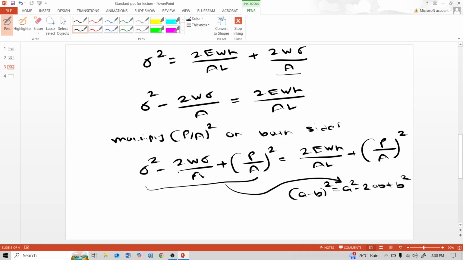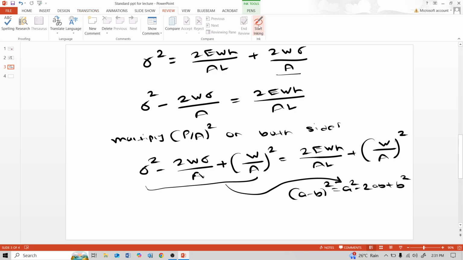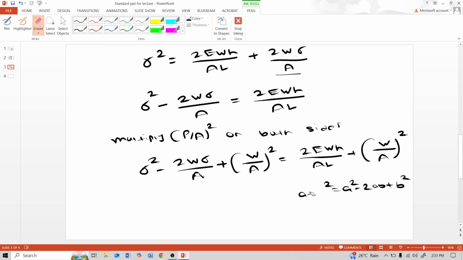So sigma square minus 2 W by A into sigma plus W by A square. Here we denote the load as W. That means this is sigma minus W by A, whole square. That is sigma square minus 2 into sigma into W by A plus W by A square.